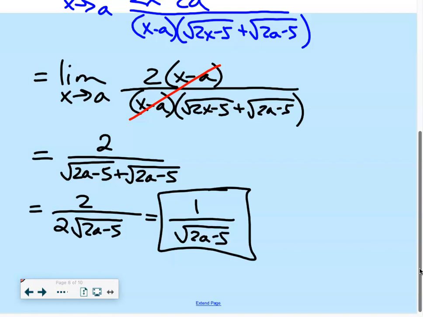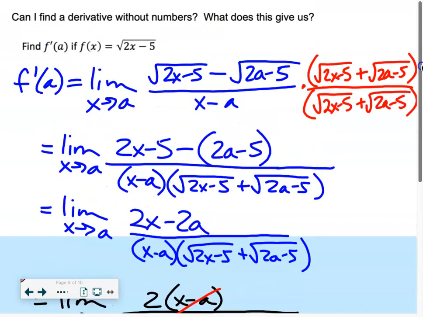Now let's talk about what this means for a minute before we move on to the last problem and talk about your homework. So why would we want to find a derivative with no numbers? What would be the benefit? Faith, what's the benefit? Beautiful. Yeah. If I asked you to find f prime of 2, f prime of 3, f prime of 5, and f prime of negative 27, right?